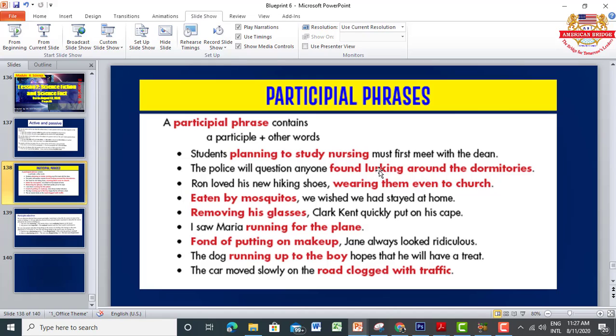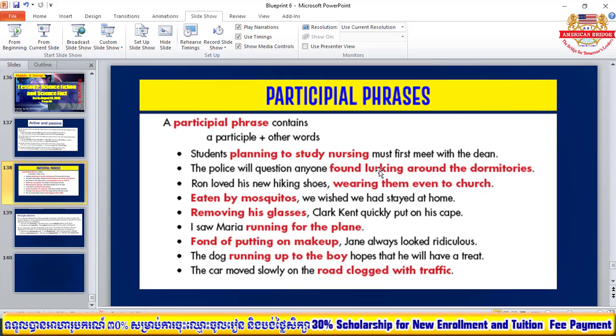The police will question anyone found lurking around the dormitory. Ron loved his new hiking shoes, wearing them even to church. Eaten by mosquitoes, we wish we had stayed at home. Removing his glasses, Clark Kent quickly put on his cap.